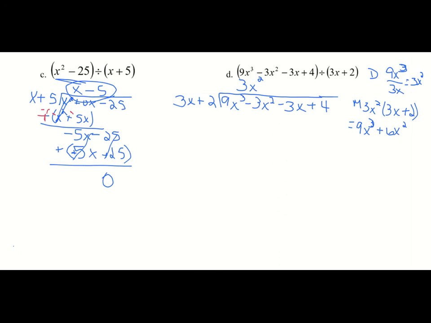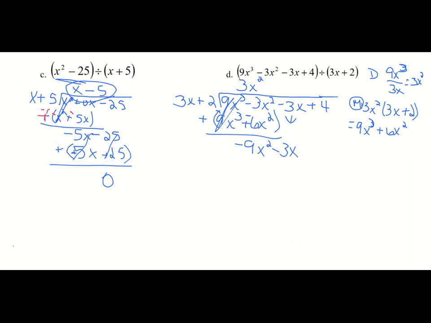So then we subtract, so minus, and we have 9x cubed plus 6x squared, and then we distribute that negative. So our first terms cancel out, and we have -3x squared plus -6x squared, so it's going to give me -9x squared, and then we are going to bring down, so minus 3x.